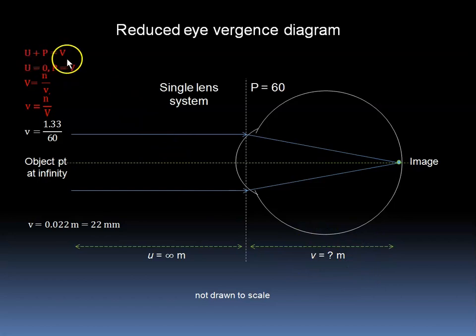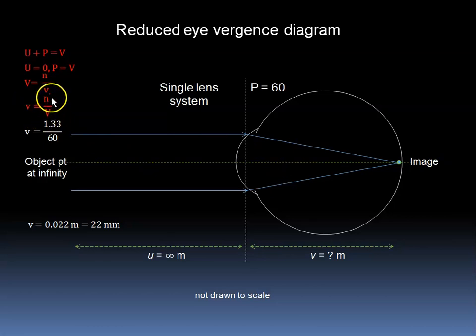U plus P equals V, and U is 0, so P equals V. Large V is n prime over small v. n prime, because the medium in the eye is more like that of water, with an n of 1.33.